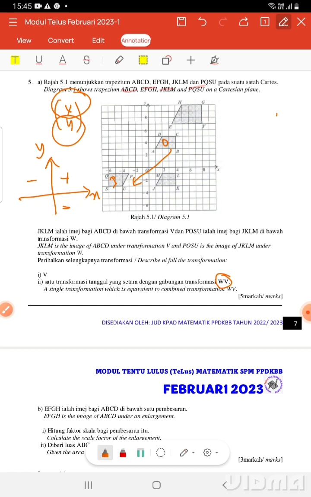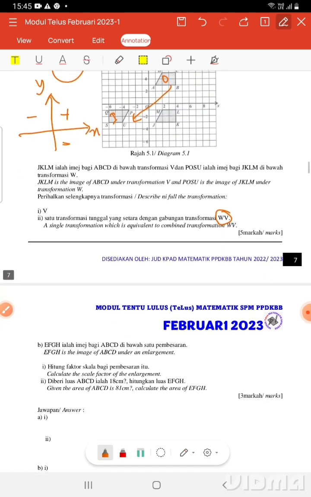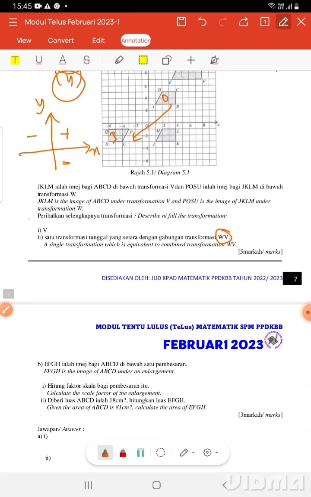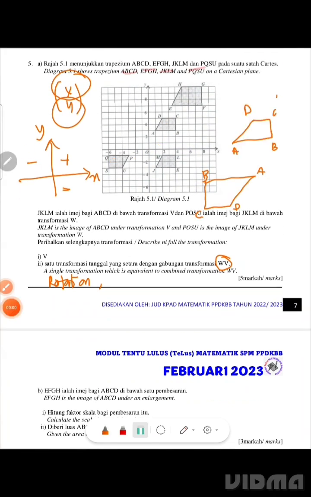So, kita cuma tinggal rotation sahaja. Lepas tu boleh tulis siap-siap dah. Rotation. 1 mark dah dapat. Just write rotation.